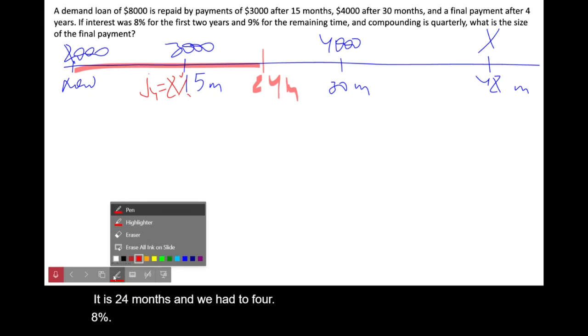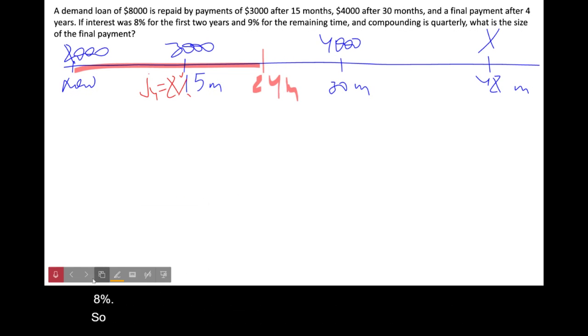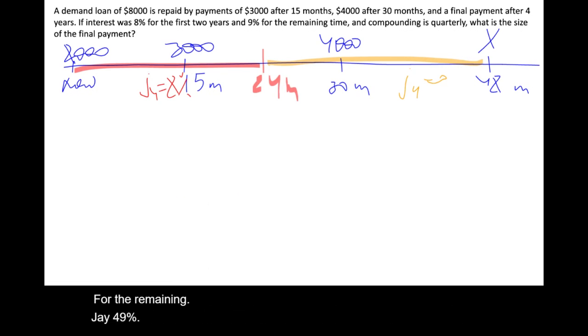Then after that, for the remaining time, J4 9%. So that's the situation we have. Any questions so far, guys? Did you have the same picture?